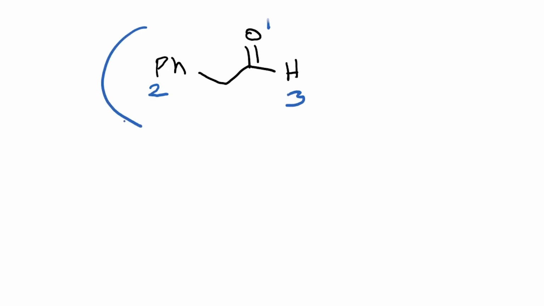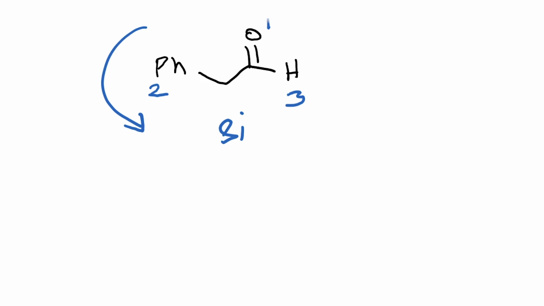Now let's do a simple exercise of addition to a molecule. Let's take Ph, C double bond O, H. The way I'm drawing this, if you number this priority-wise, it will be 1, 2, 3, so this is going to be the Si face.